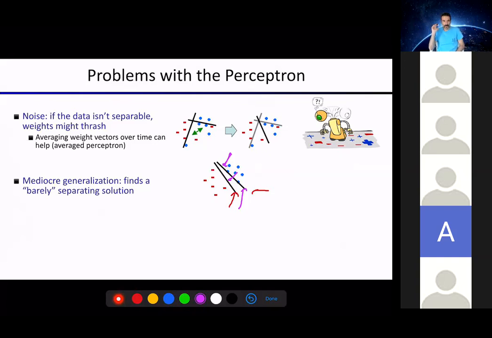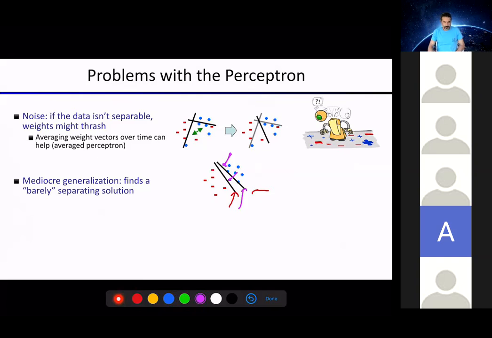It's very close to one of the classes here, which is not ideal, because we know that if we stay in between, there is more chance that this is a better decision boundary, at least based on the knowledge that we have about the training data. Okay.